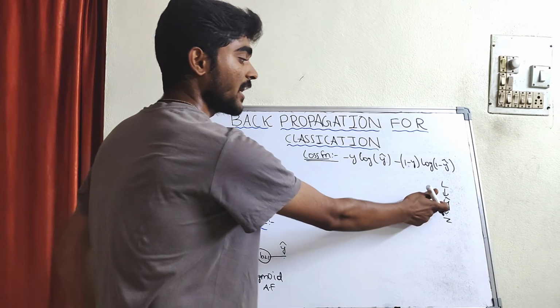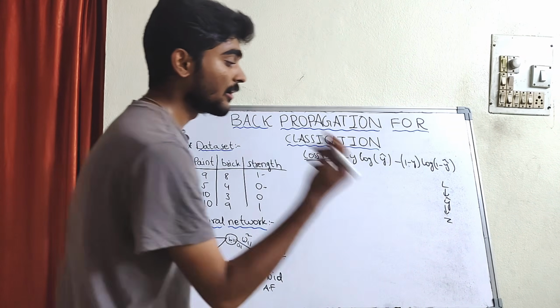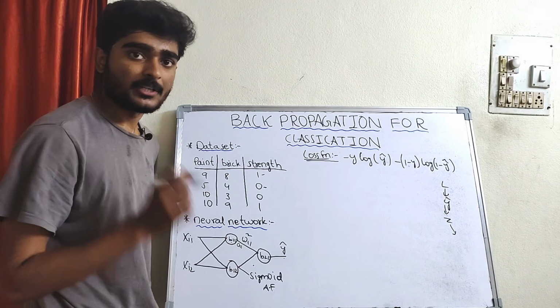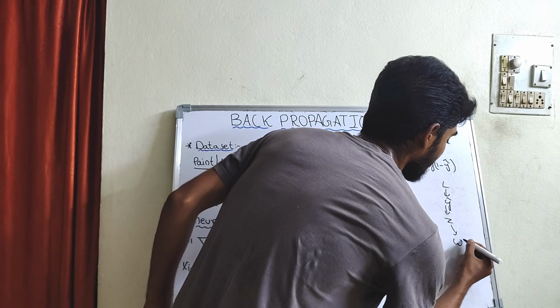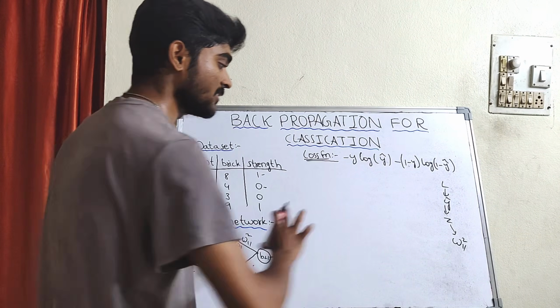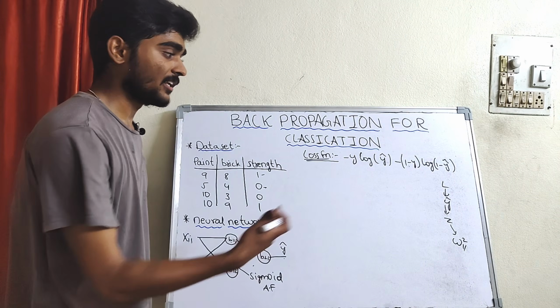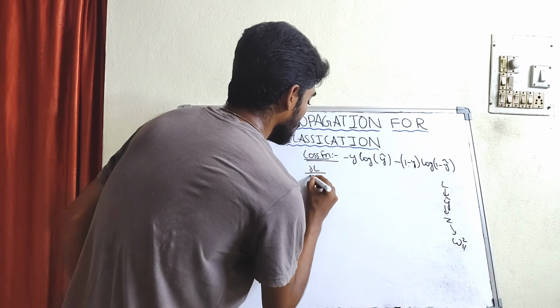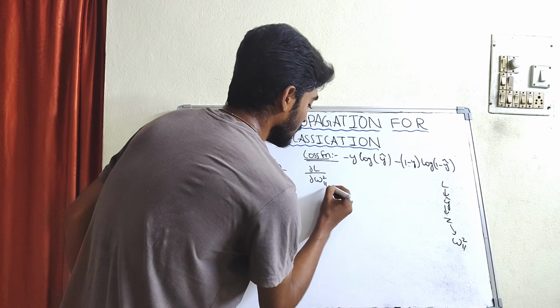Now, how can my z be changed? By changing these trainable parameters. I'm calculating with respect to the W211 weight, so I have considered W211 in my calculation. Now let me calculate dou L by dou W211.